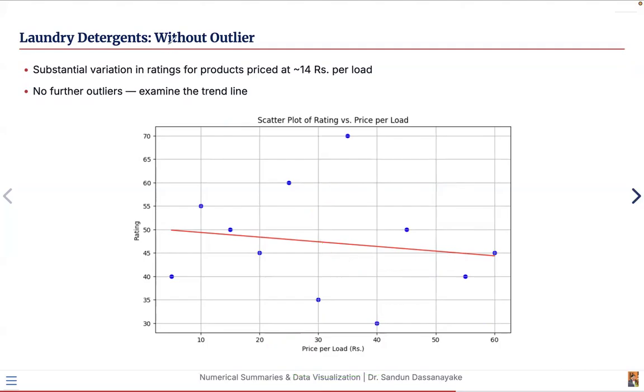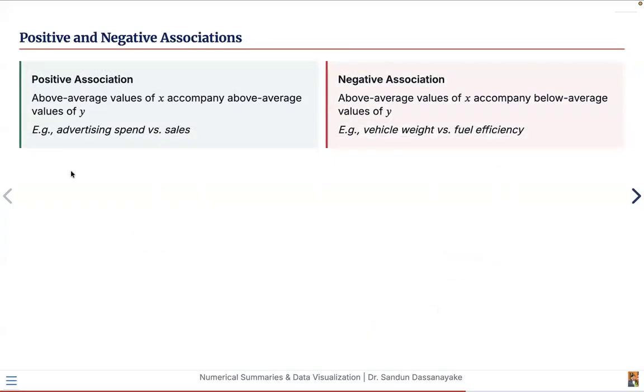There are many things that we can talk about in regression, but in a very simple way, when we plot it, we can understand that the scatter plot is revealing this information: higher prices do not necessarily go with higher ratings, right? So you can easily understand it from the plot. Now let's look at the other one, positive and negative association.